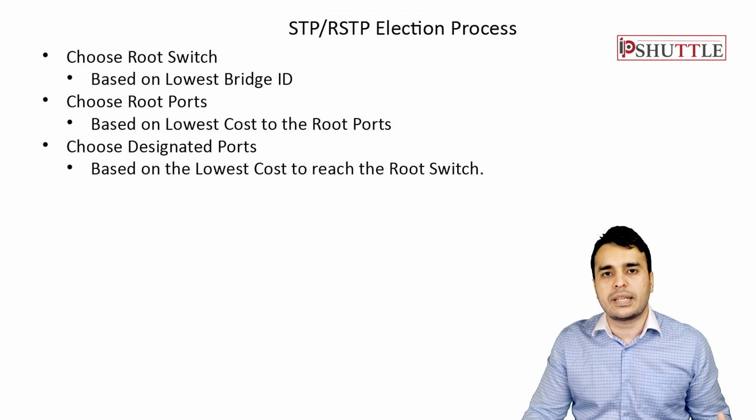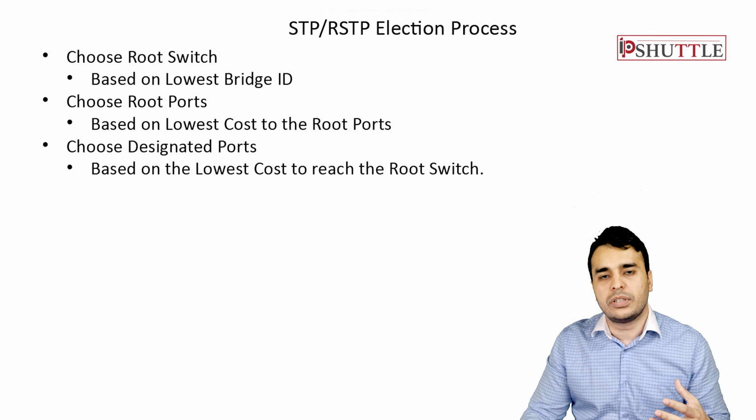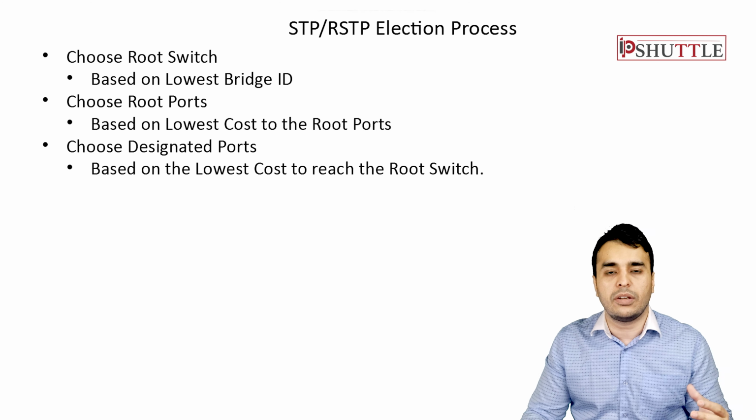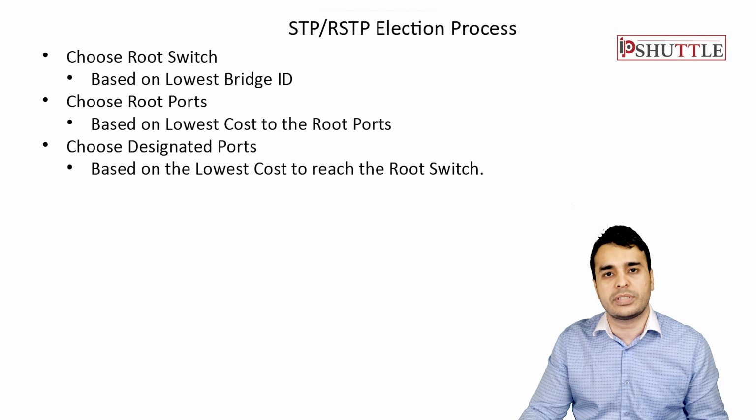Now we will try to understand how this selection process works and what are the steps to eliminate the loop. The first thing in the network it needs to do is to select the root. Each switch will become root. It will be based on its bridge ID. The lowest bridge ID in the network will become the root switch for that whole segment. All right. The second thing it needs to do is what will be the root ports?